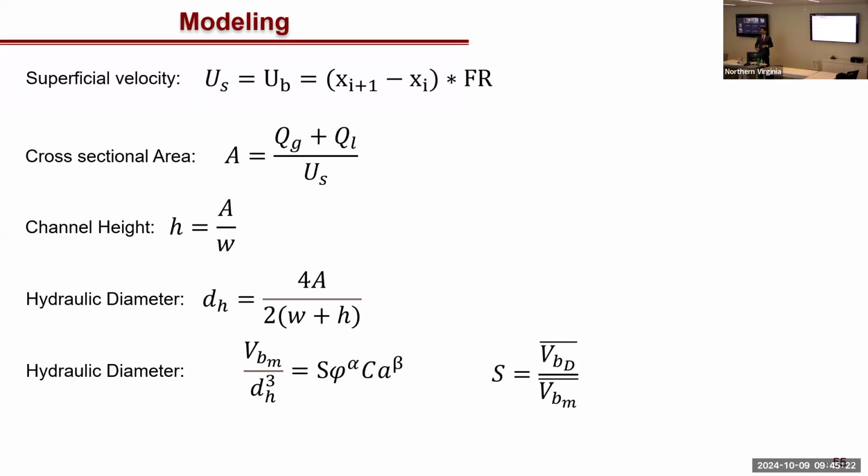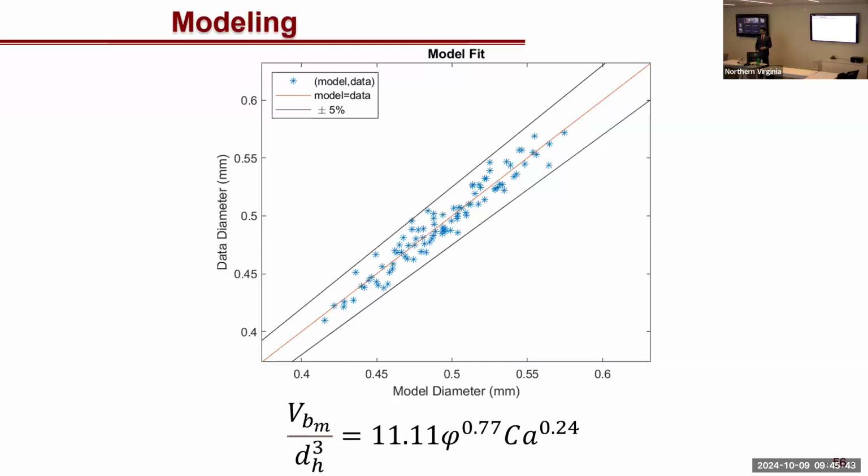Once we found the combination of alpha and beta that created the smallest error, we found the shape scalar S by dividing the average volume of the bubbles from the data by the average volume of the bubbles from the model. Once we did that, we got this new novel model that I developed myself. And all the data fits within 5% of the model.